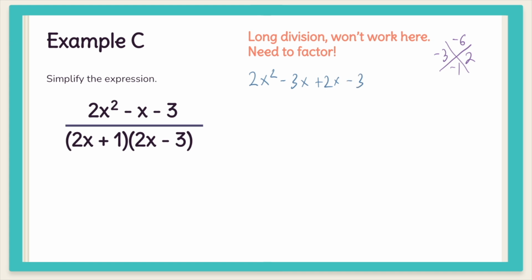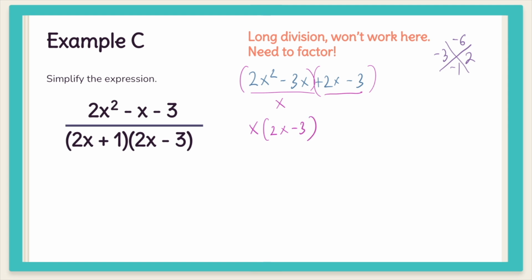So now that I've got that in expanded form, it's time for binomials. So I've got a binomial here and a binomial here. So in the first expression, it feels like I can pull out just an x. So 2x squared divided by x is going to be 2x on the inside, with x on the outside. Negative 3x is going to leave me with just negative 3. On the other side, I don't really have too much that I can pull out.